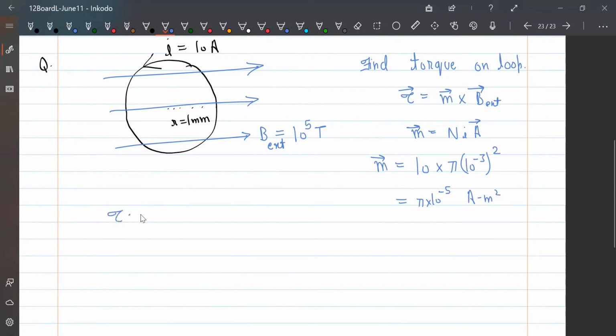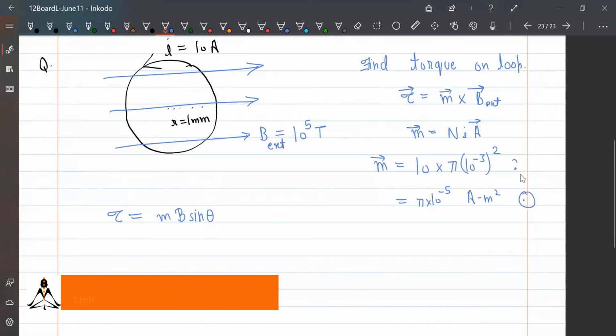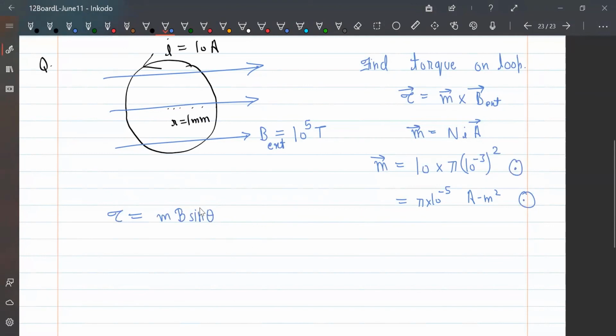So torque will be m cross B, that is mB sine theta. The direction of the magnetic moment will be along the perpendicular to the area. So this has direction out of the plane. Magnetic moment has a direction out of the plane. So mB sine theta, that will be sine 90.